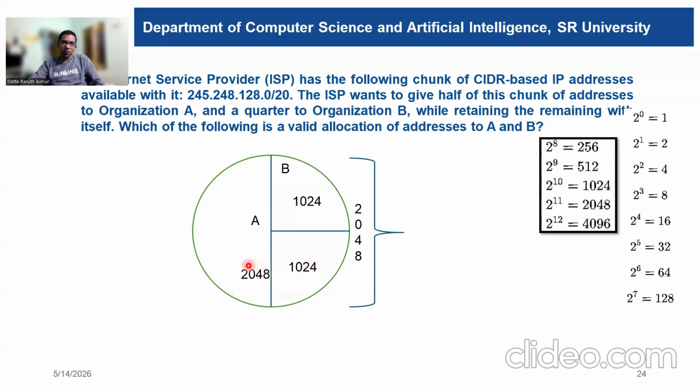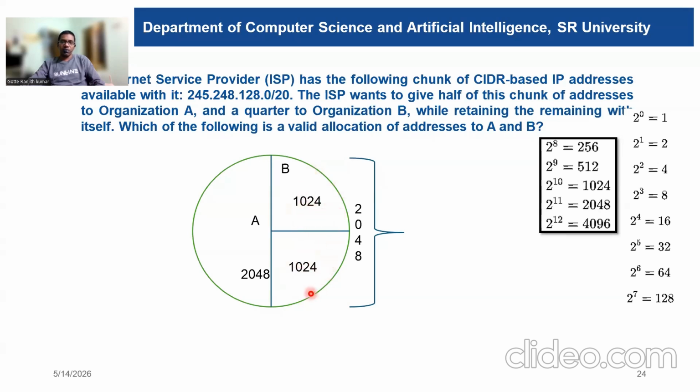So now 2048 represented as 2 power 11 means 11 bits used in organization A for the host address. Now coming to B, this is 1024. So 1024 represented as 2 power 10. That means in this B part, 10 bits used for the host address, 2 power 10. And this part is also the same, but leave it. We are focusing on A and B only. So B and this part both are the same.